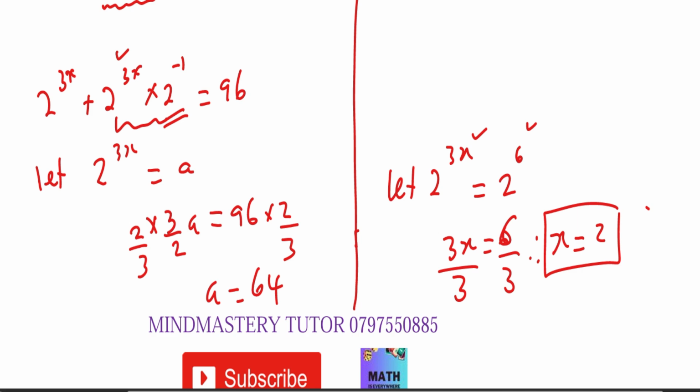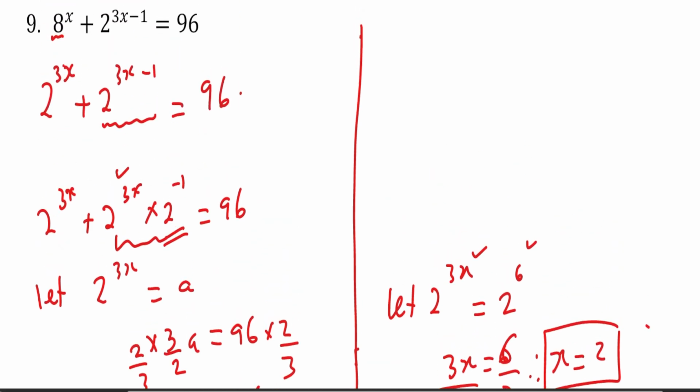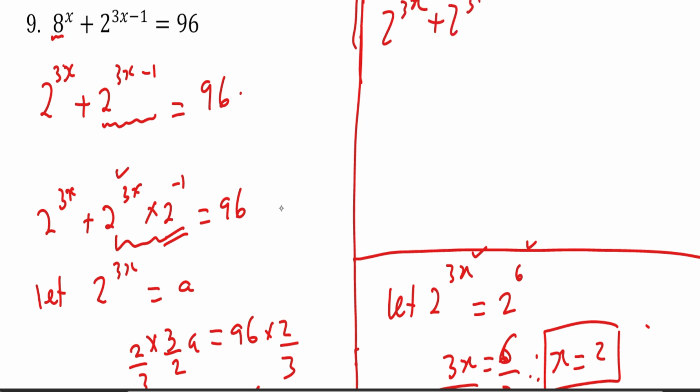But there's also another way which we can solve it. There are many ways, but let me use this other way as well. So we say 2 to the power of 3x plus 2 to the power of 3x minus 1 equal to 96. So you make 2 to the power of 3x our key, our factor. If it becomes our factor, therefore this one becomes 1.